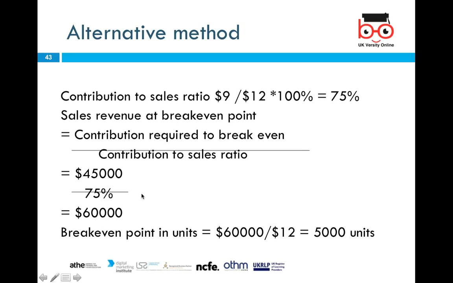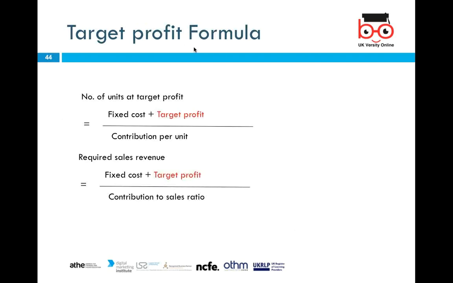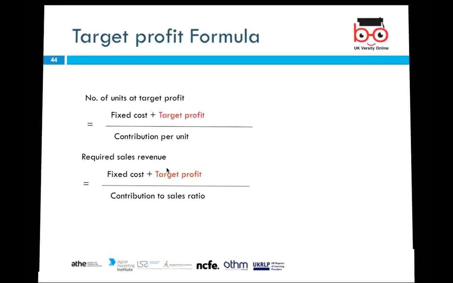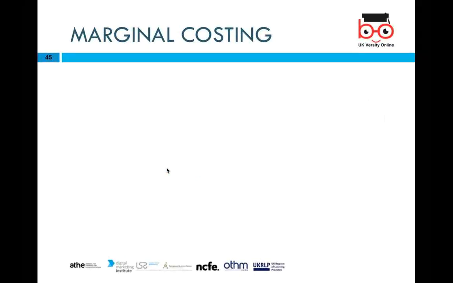You don't need to go to the sales ratio. If you want to use another method, you can, but I'm not going to discuss it here; you can see it on your presentation slides. In the alternative method, you have a target profit and a positive profit to sales ratio, and then you can calculate on the basis of this formula.